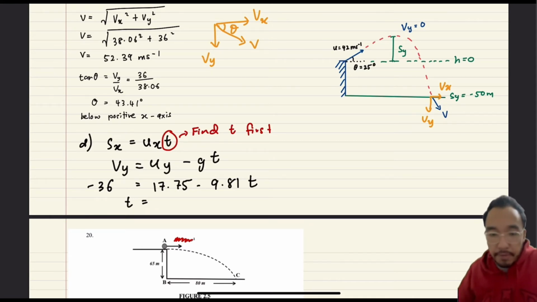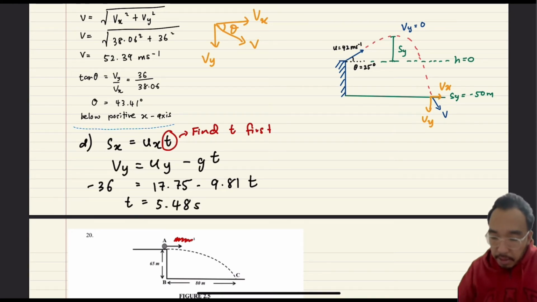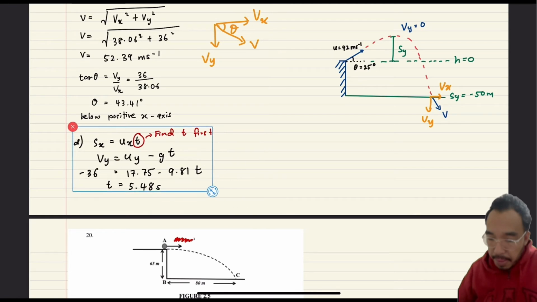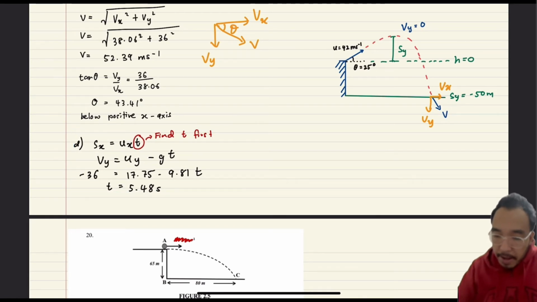I got here 5.488. Again, I'm going to make this one smaller. And then I can calculate Sx. Now basically we want to solve this one.